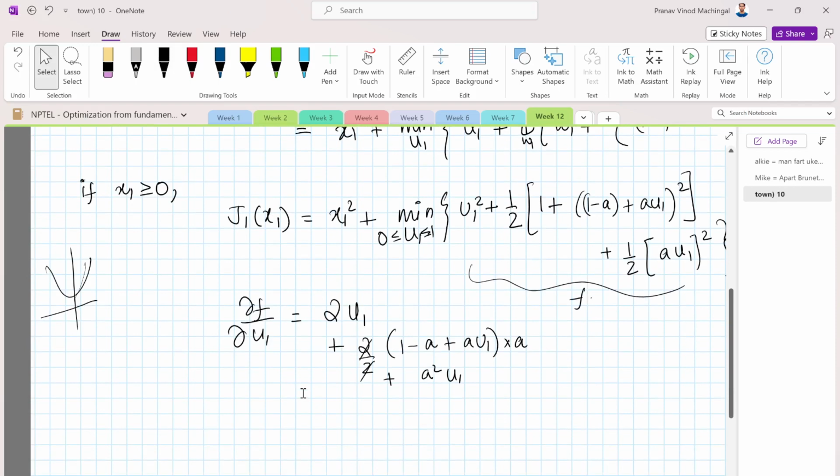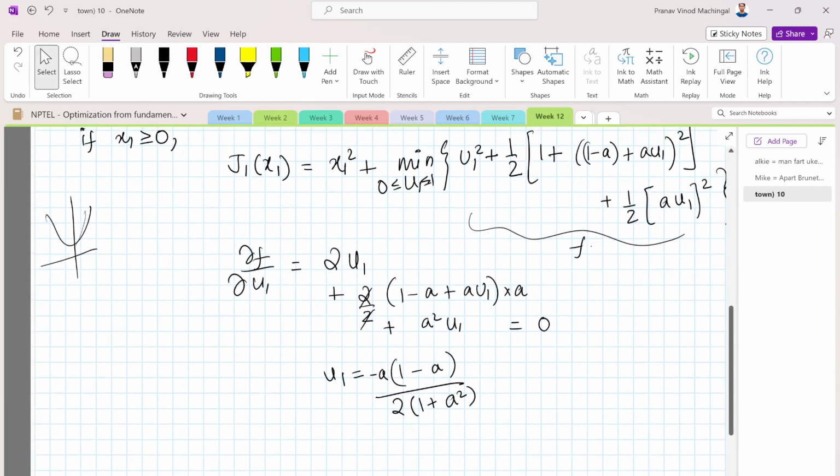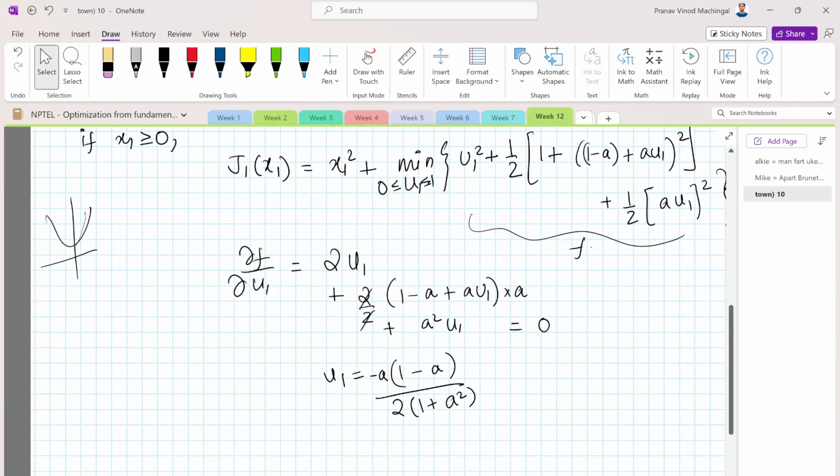So this is your derivative, and this if I set to 0, I get u1 equal to, this is u1, but a is greater than 0.